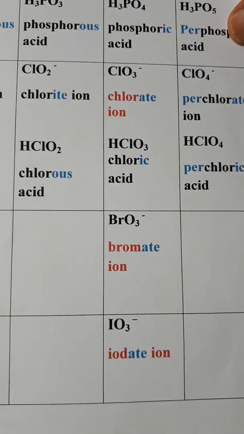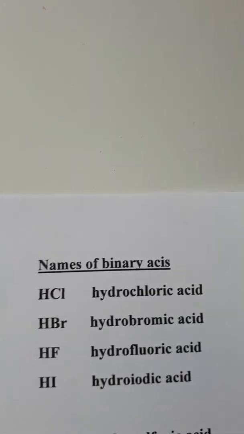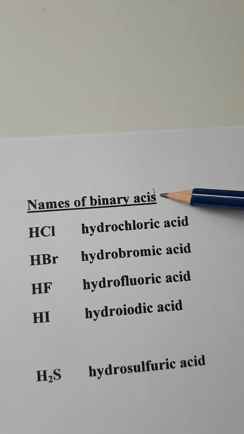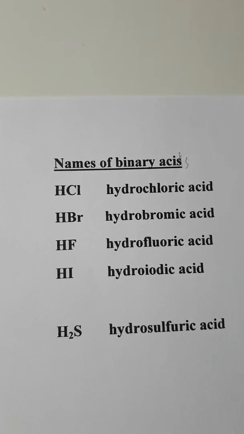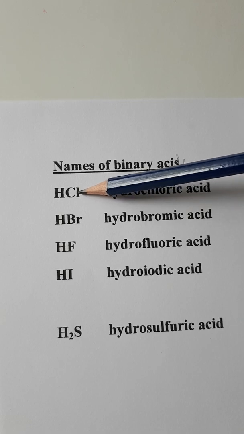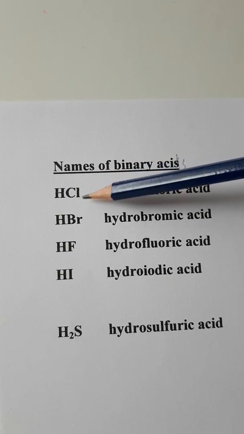And before I end this lesson, I should mention the names of binary acids. Now see, here chlorine atom, only 1 atom, not a polyatomic ion.